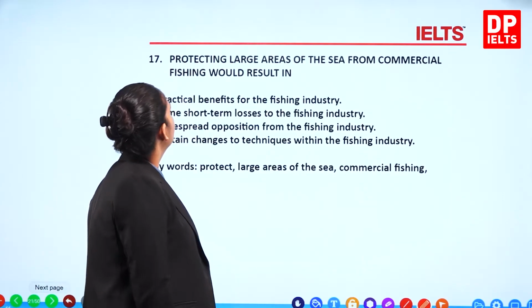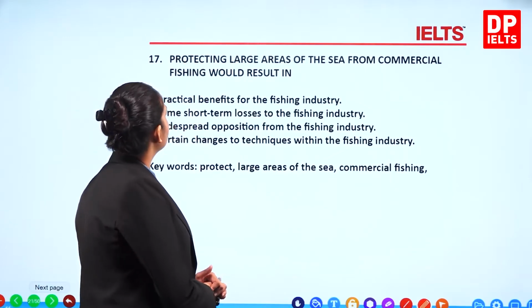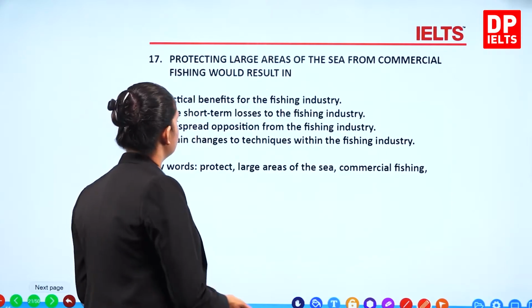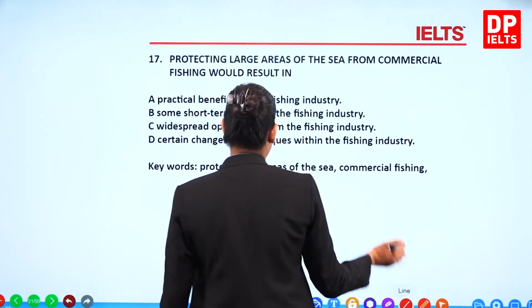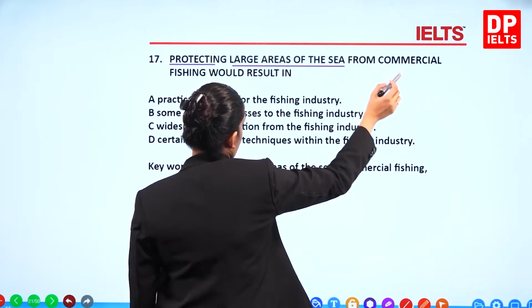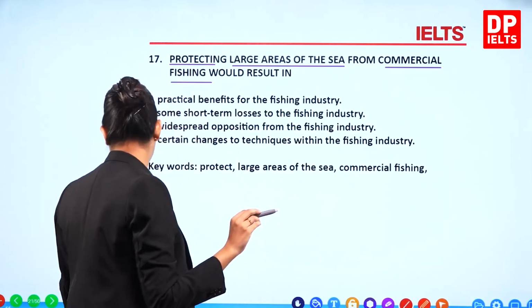17. Protecting large areas of the sea from commercial fishing would result in, right? So when we protect large areas of the sea from commercial fishing, what would happen?